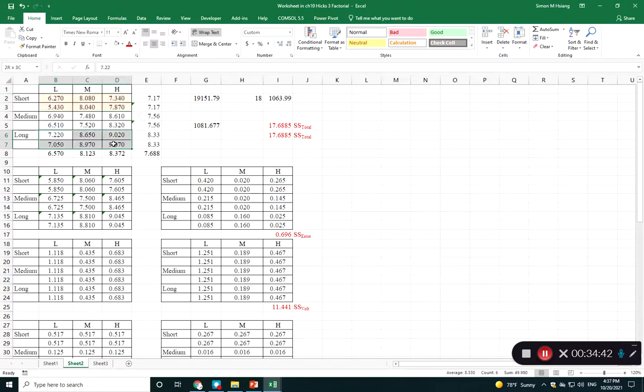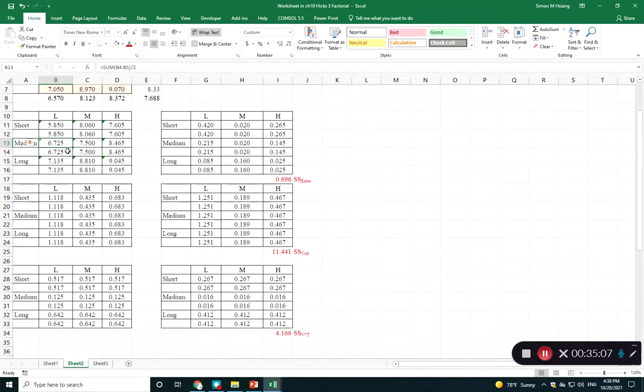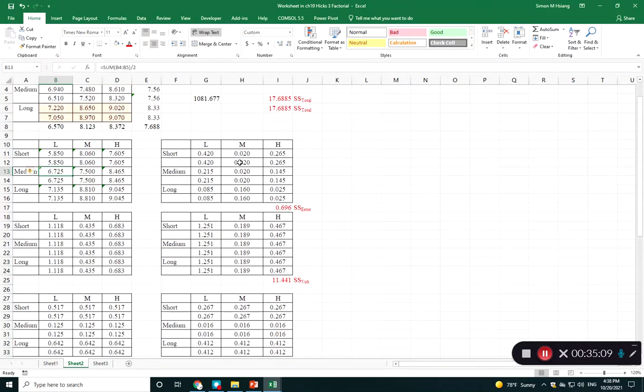Short, medium, long. 3 treatments this way. And can I figure out the subway station, the error terms, and so on, right? And of course, I can do it vertically, and then I can calculate the overall average.